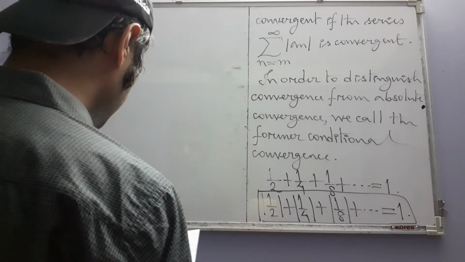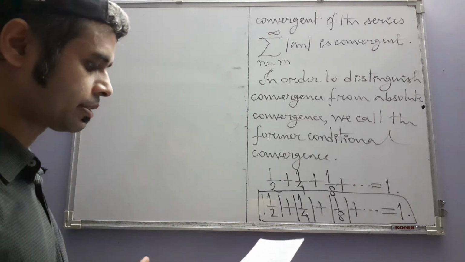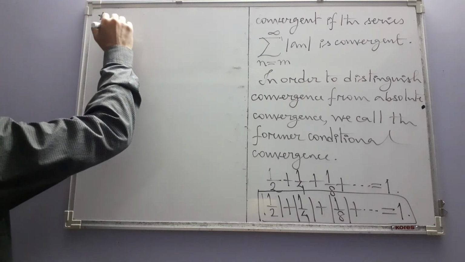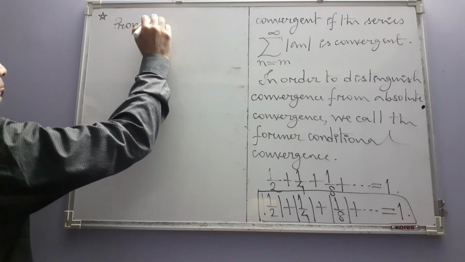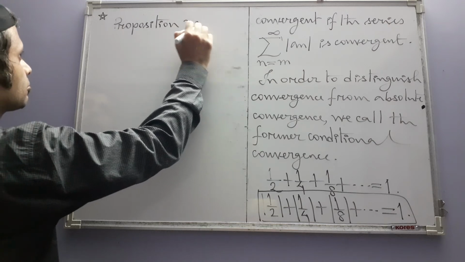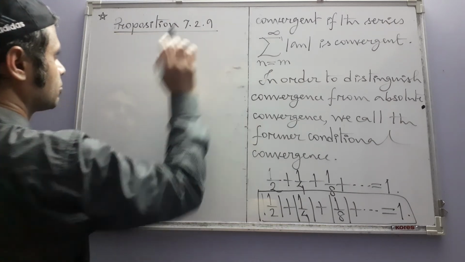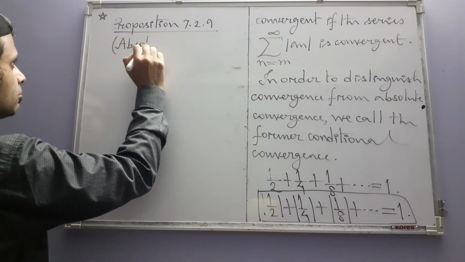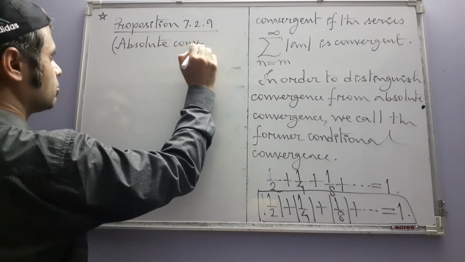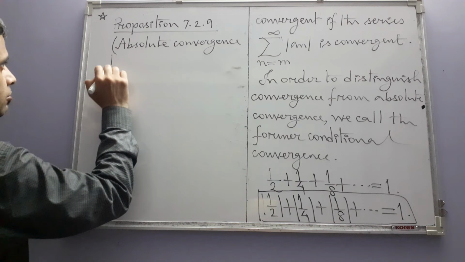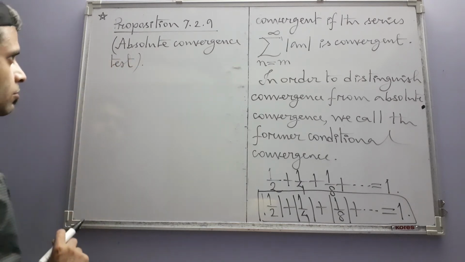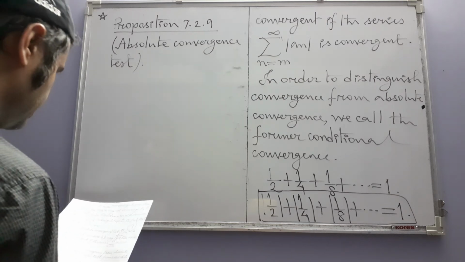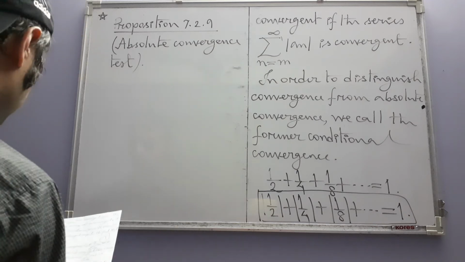Okay, now next we come to a proposition which tells us when a series is absolutely convergent. This is the test for absolute convergence, or well, not exactly when a series is absolutely convergent, but what happens when a series is absolutely convergent.